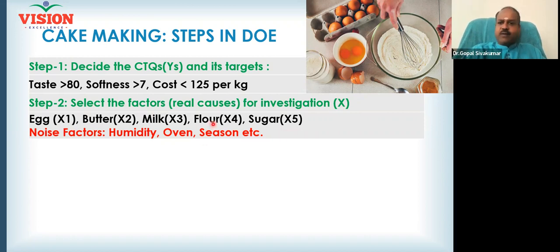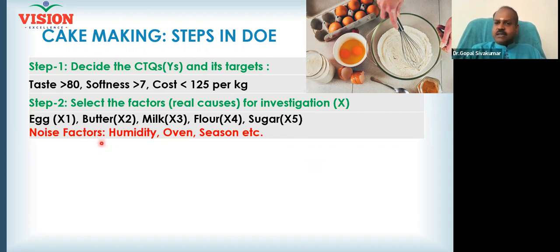Probably the flour may have 30% influence, the milk 25%, the butter 10%, the egg another 20%, and sugar another 15%. Right? And the rest can be other factors. So these factors have more influence, and they are considered critical factors. Now I need to optimize them.